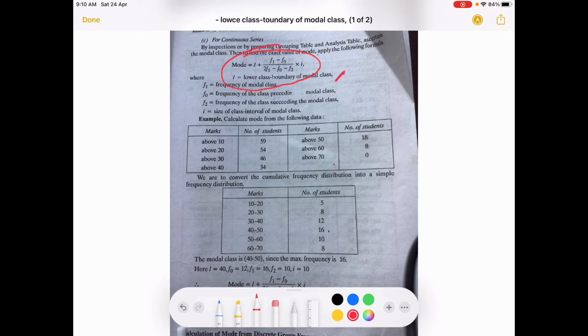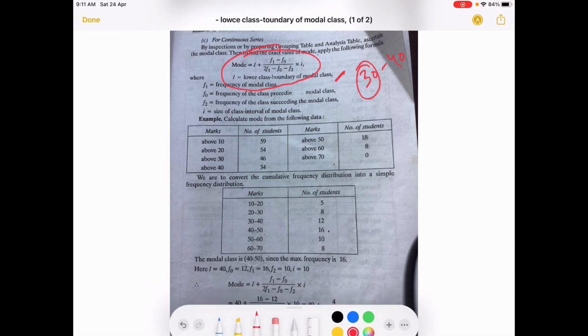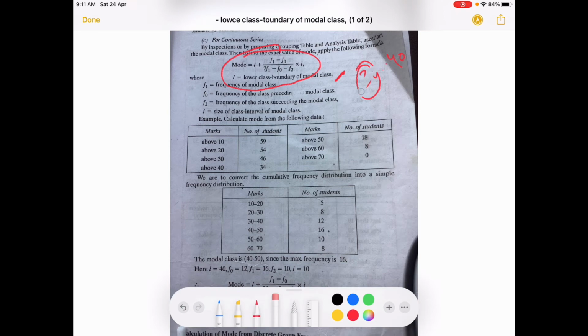We'll be calculating the modal class later on. From that you have to see L is equal to the lower class boundary. Suppose our modal class is 30 to 40, then 30 will be your lower class boundary. Got it?